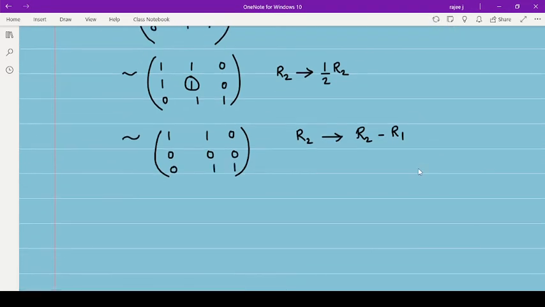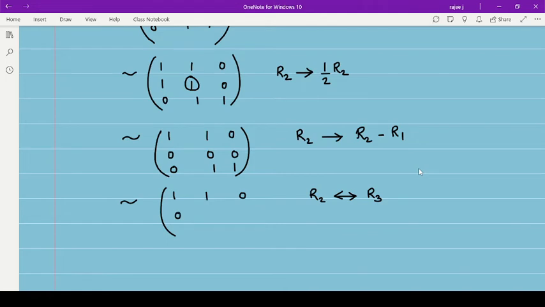Now see, the maximum number of zeros must always be in the last row. This has 3 zeros, so this must come in the last row. So we do R2 and R3 interchange. This is 1 1 0. Now R2 will come to R3 and R3 will go to R2.